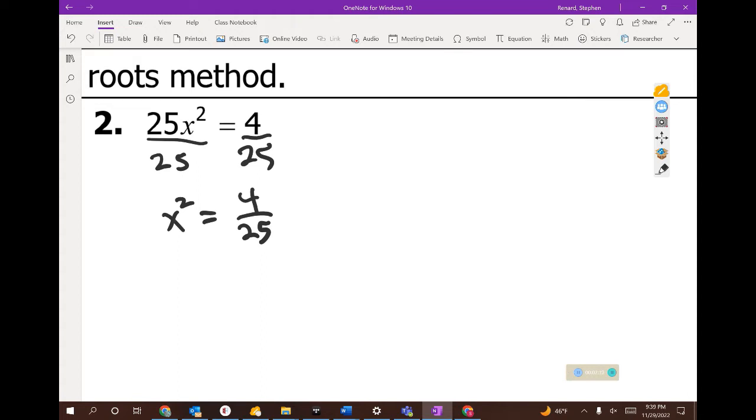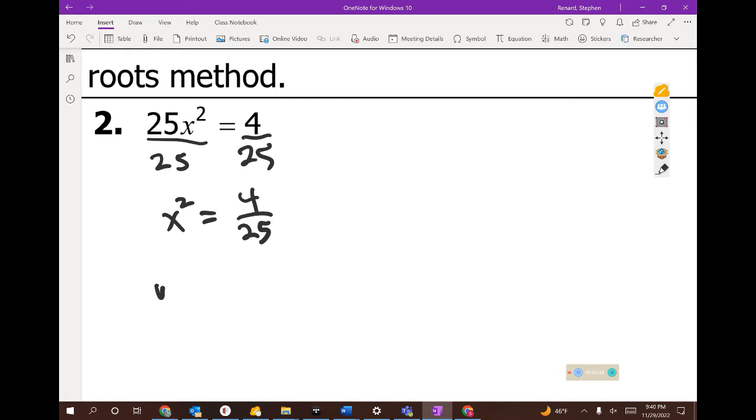So can't reduce it at all. If we could, this would be the time to do that. Instead, we still need to get x by itself. X isn't by itself right now. It's x squared. How do we get rid of squared? Well, roots and radicals are the inverse of exponents.